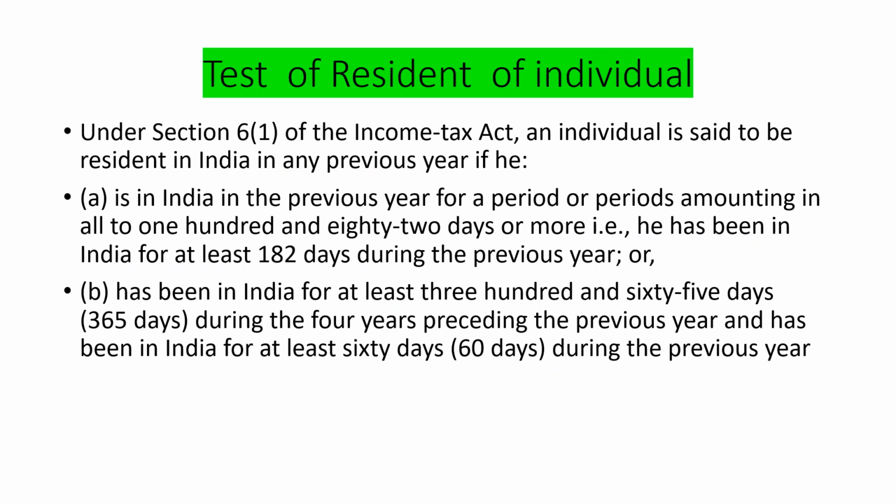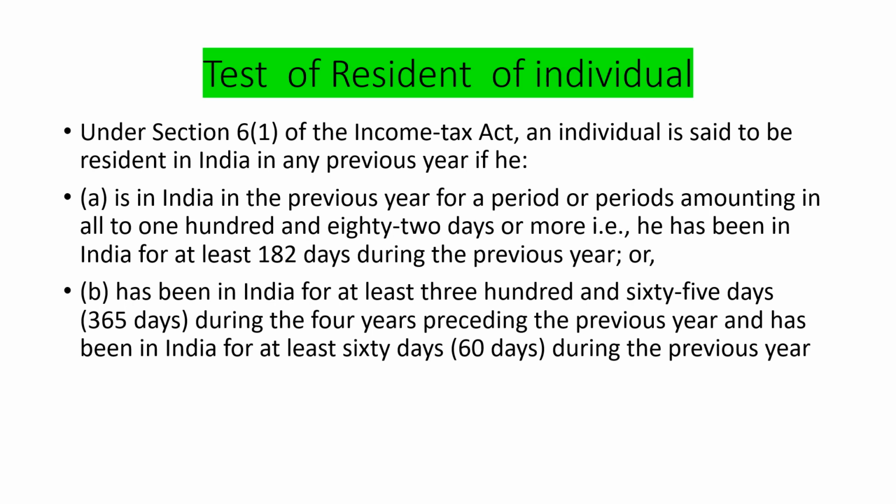So, if we test the residential status of individuals, we have to go to section 6 subsection 1 of the Income Tax Act 1961. This is also called the basic condition of the residential status of individuals. So what are the two basic conditions? The first basic condition is that the individual should stay 182 days or more in the last previous year.